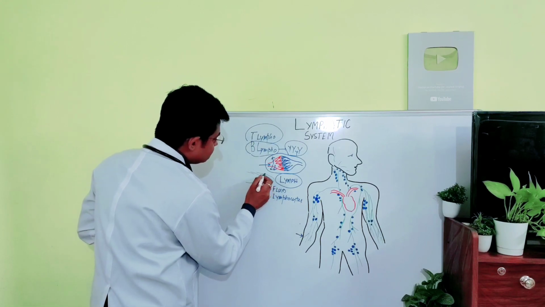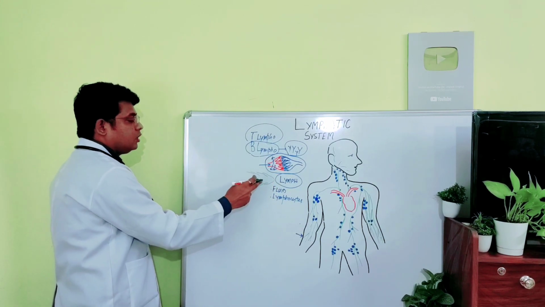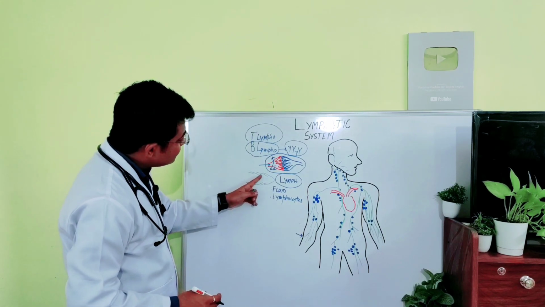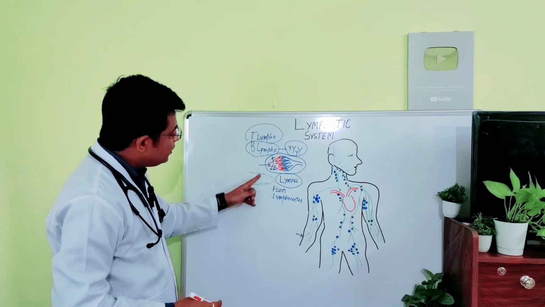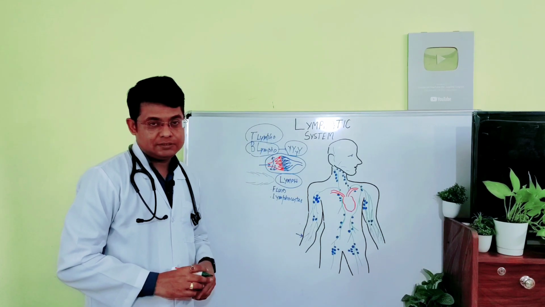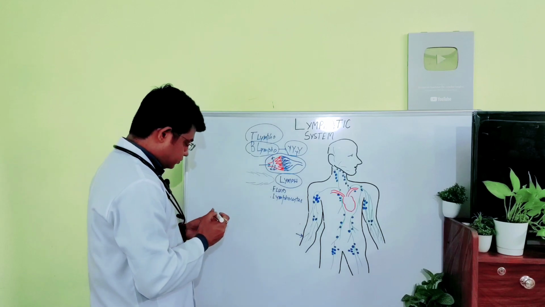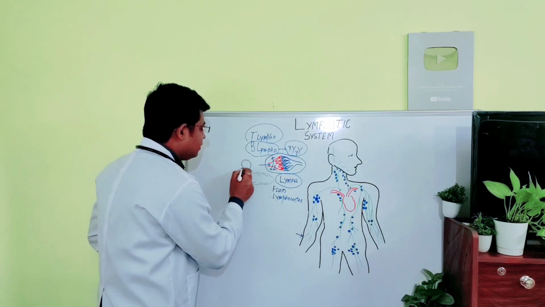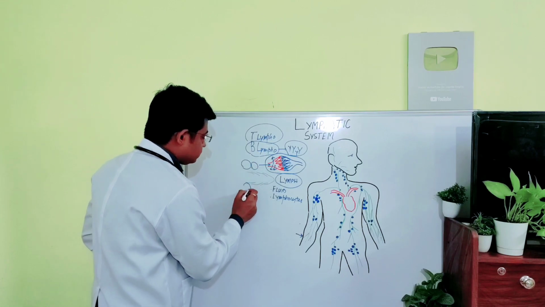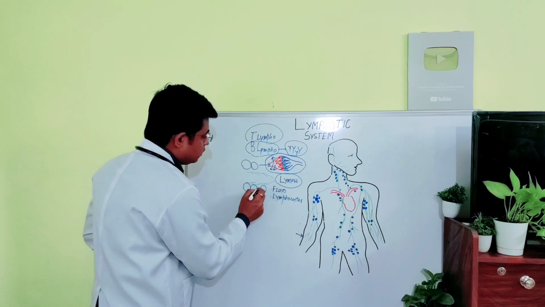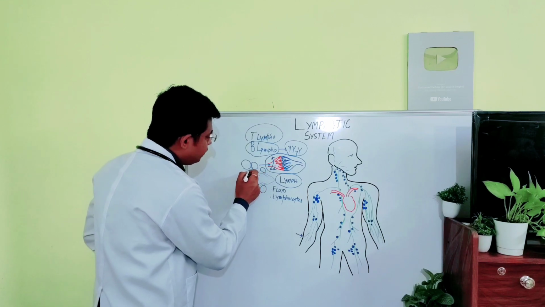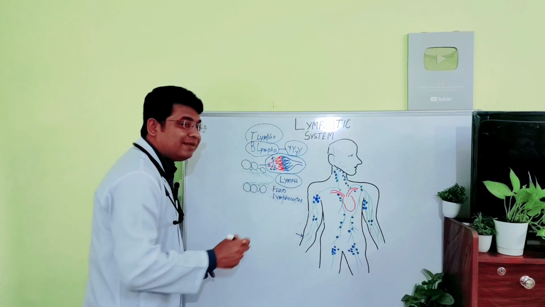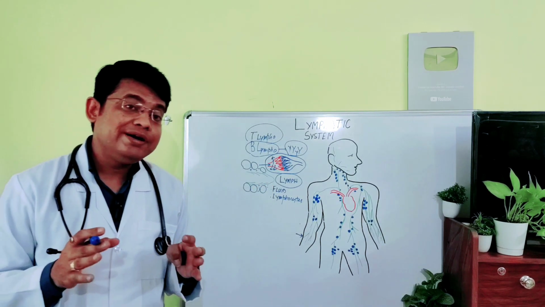So this is one lymphatic vessel. There are some openings within the wall of the lymphatic vessel, and the outside is the extracellular space. That means these are the normal cells, and the spaces in between these cells are the extracellular spaces where the extra amount of fluid builds up.